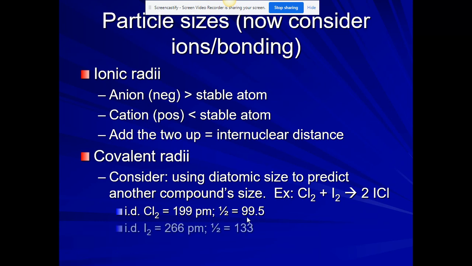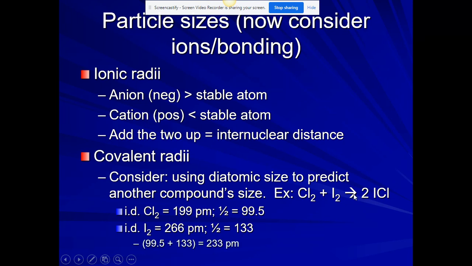The iodine would be 266, that's just referenced, two iodines sharing back and forth, so the distance of just that one iodine is going to be 133. So knowing these two, I can figure out what is just one of them, and then I simply add them up.